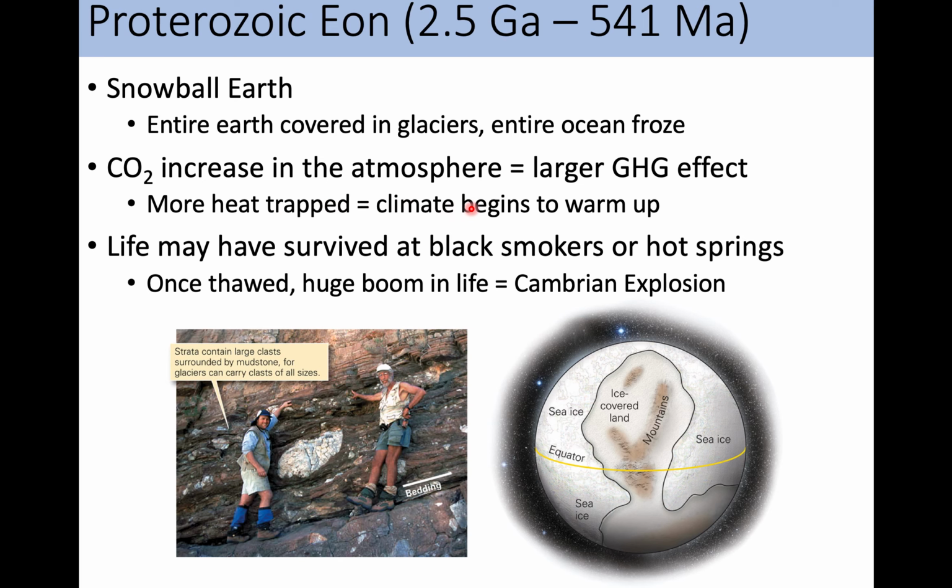After this snowball Earth thawed, that's when we had a really big boom in our life and our diversity of life on Earth. So here we had our snowball Earth in the Proterozoic eon. Multicellular life was able to form, and we had ozone stabilization, but we are not taking an atmosphere class, so we're not going to talk too much about that. So this leads us up to 540 million years ago.